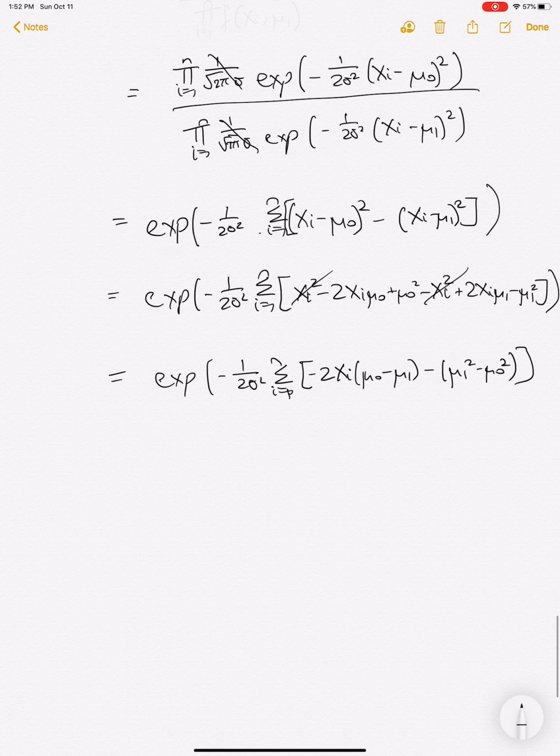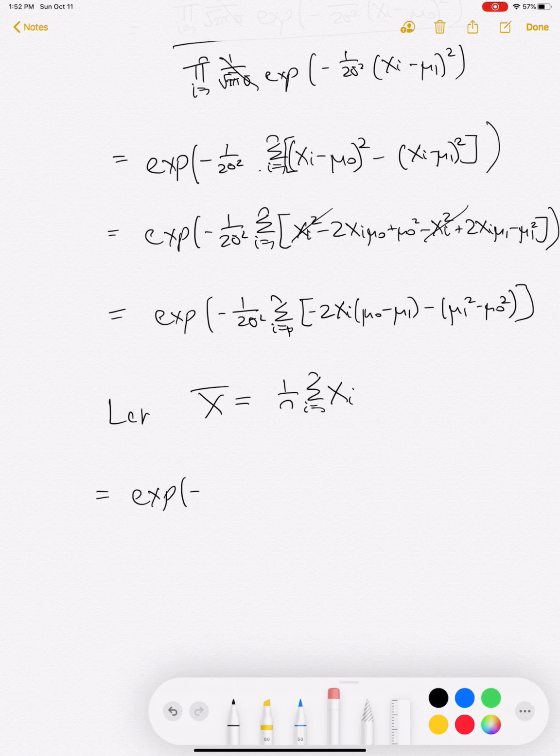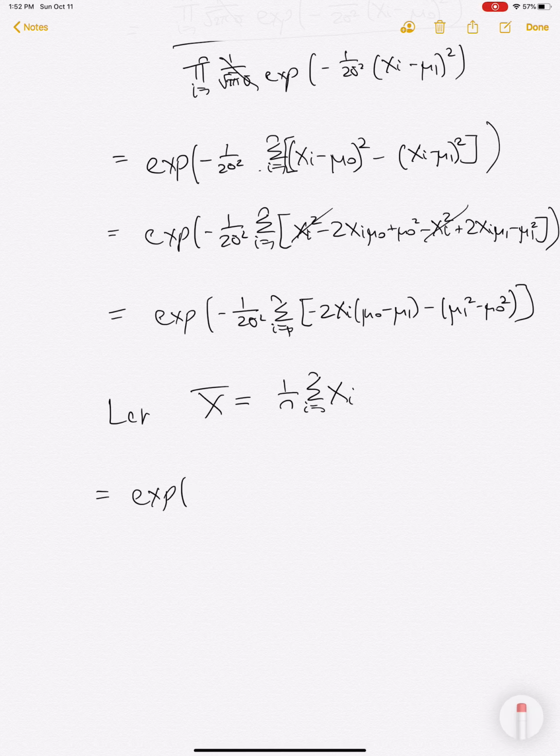Okay, so if we let the statistic x bar equal 1 over n, summation i equals 1 to n of xi, this very nicely can be expressed in terms of the sample mean. So I'm going to remove this negative sign, and we're going to get this.